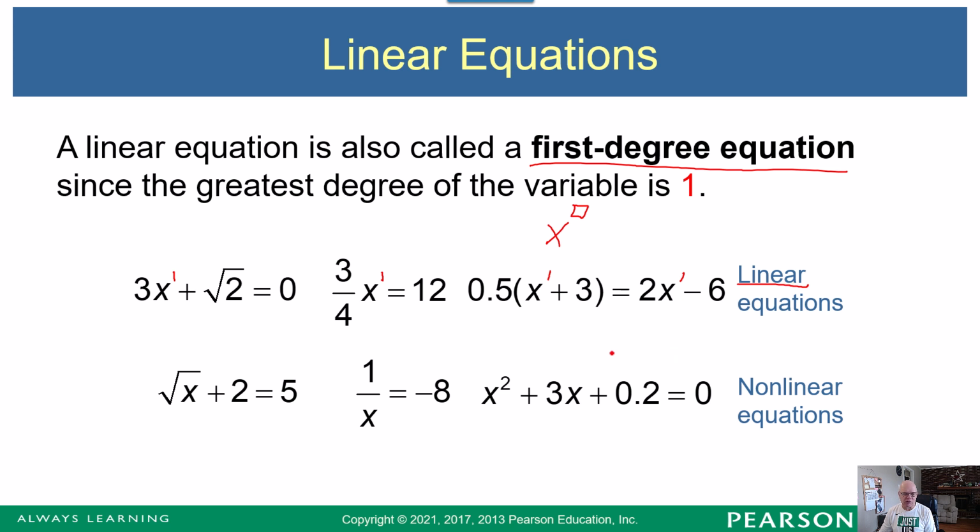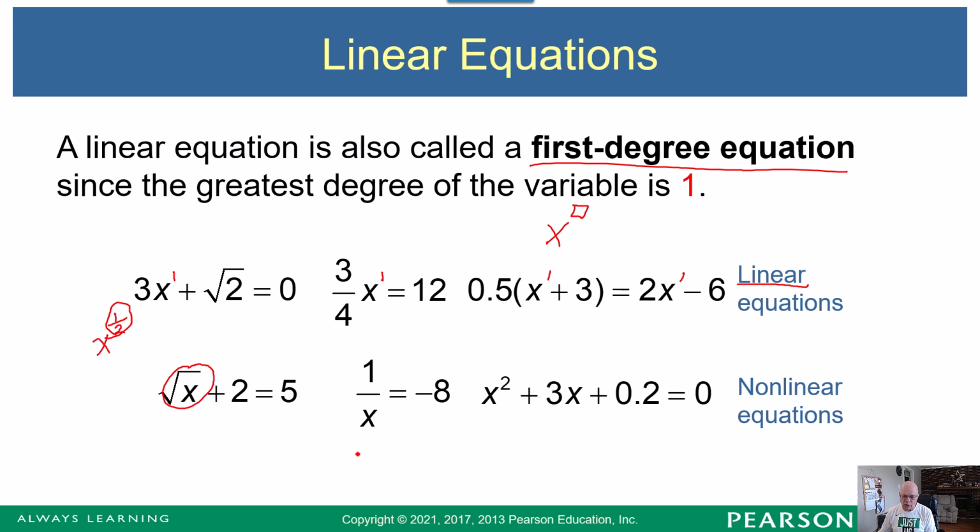Now, an example of some that are not. The square root of x, as we'll get back to at some point, you could write that as x to the 1/2 power. And since this is not a 1, it's not a first degree equation. Over here, this looks like it could be because that's next to the 1, but it's in the denominator.